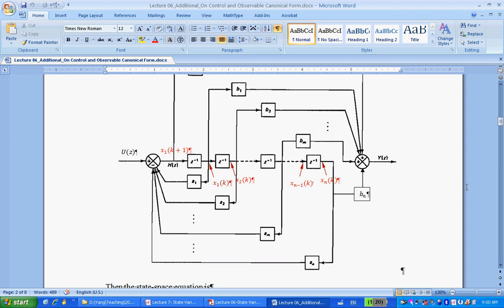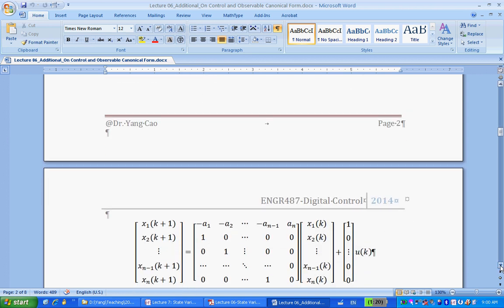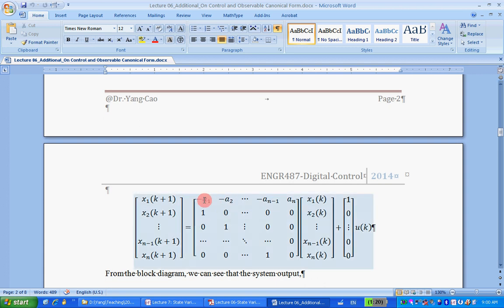You end up with a totally different state space model, in which the non-zero rows flip to the top.